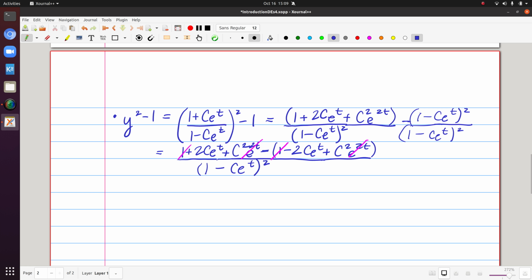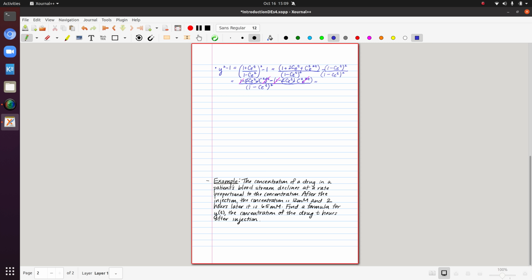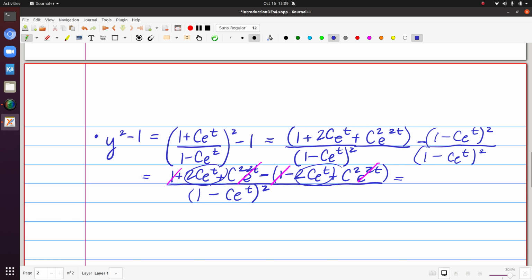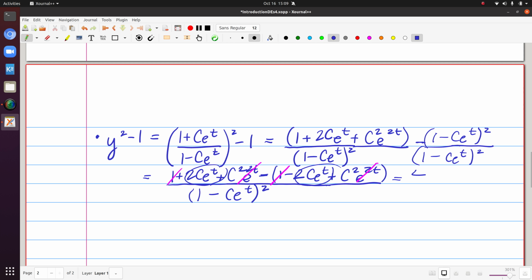That leaves us with just these terms, which are both positive, and putting them all together, that gives me 4 of those. So I have here in the numerator 4 c e to the t, and in the denominator 1 minus c e to the t quantity squared.